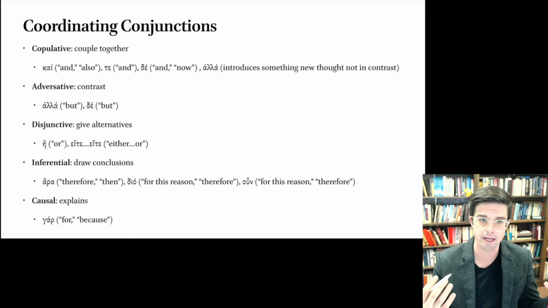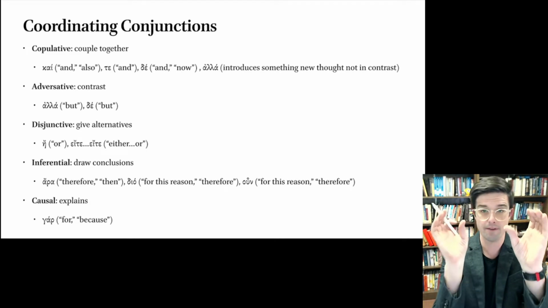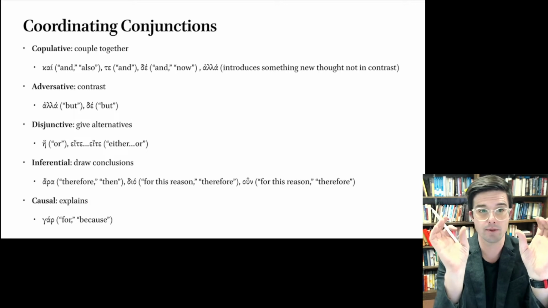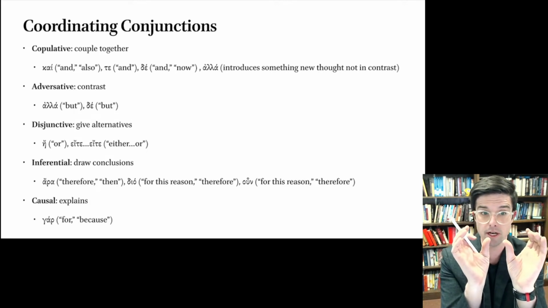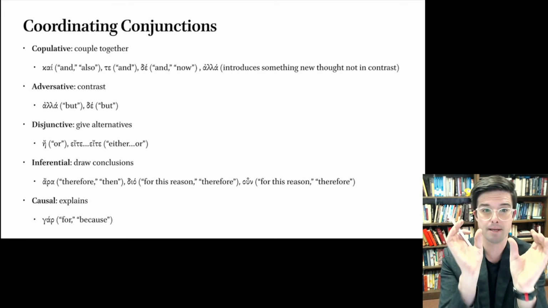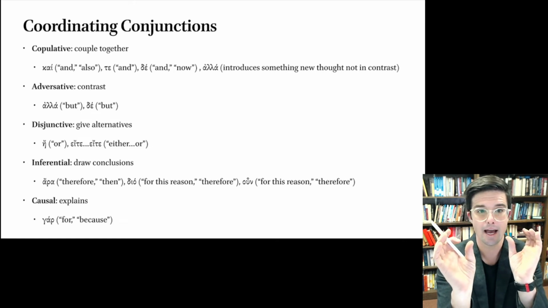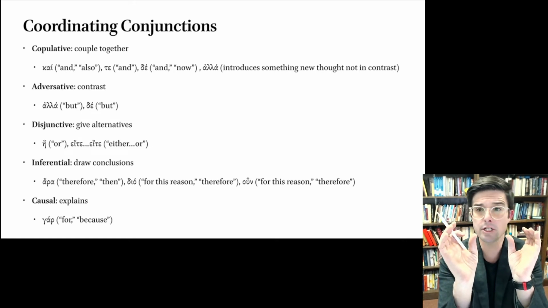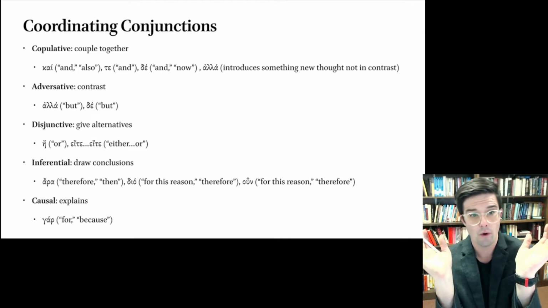So coordinating conjunctions: there are different ways that two things of equal weight can be set next to each other. They can be coupled together with a copulative conjunction, or they can be contrasted with one another. They're still of equal weight, but they're being contrasted. This thing is like this, and this thing is like this. A disjunctive gives two different options or alternatives, either this or this.